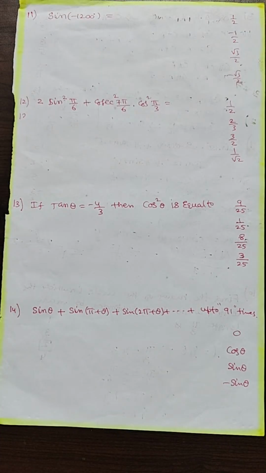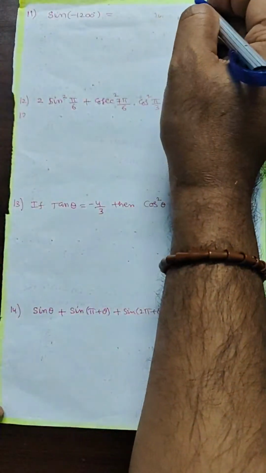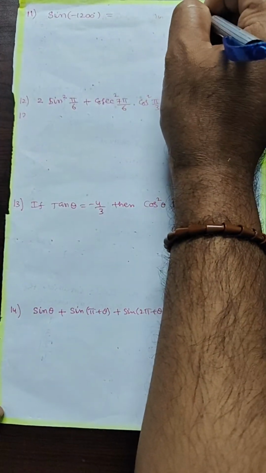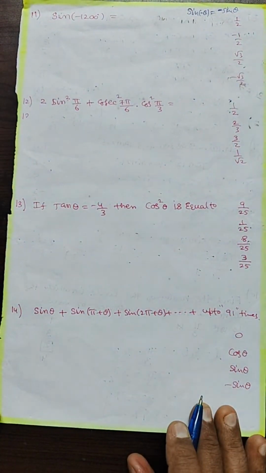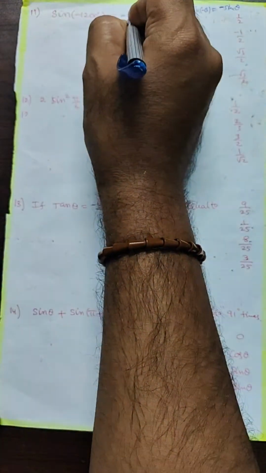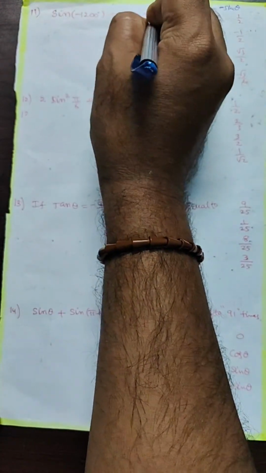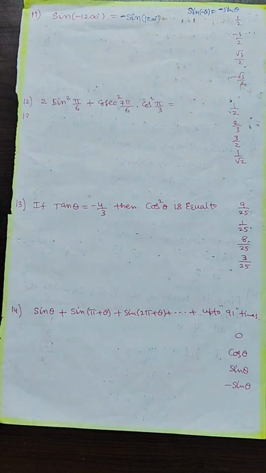So sine minus 1200. So first, sine of minus theta equal to minus sine theta. First you have to write this formula. Later, minus sine 1200. 1200 is nearer to 360 multiples. 1080 will come now.